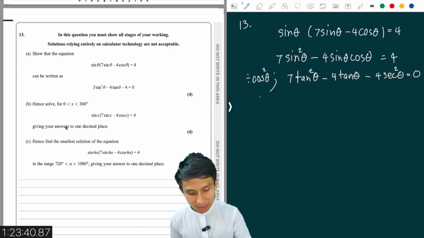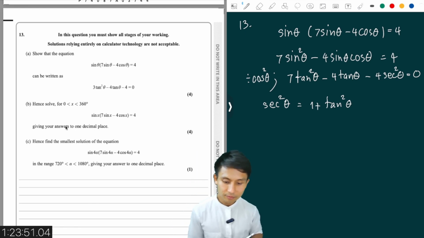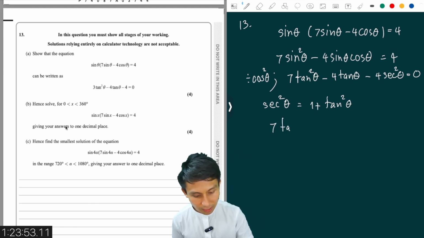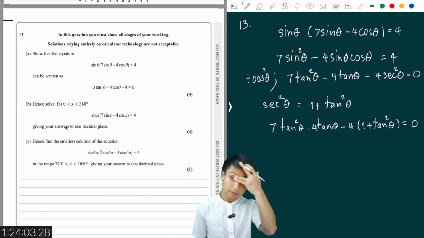Now we know that sec squared theta is 1 plus tan squared theta, right? So I'm substituting that in. Minus 4 times (1 plus tan squared theta) equals 0, right?